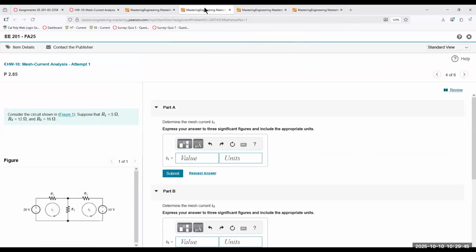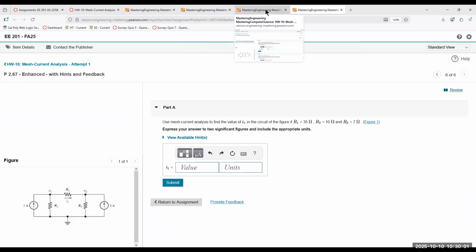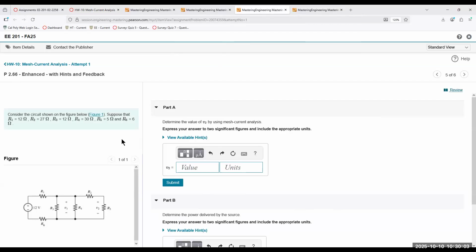Okay. All right, so which one did you have a question about? Which one? This one? 2.66? Okay. All right, so, well, let's, all right, R1 is 12, 27, R3.